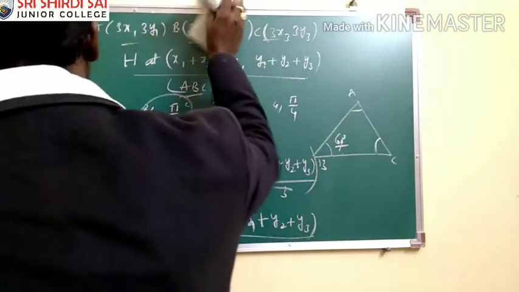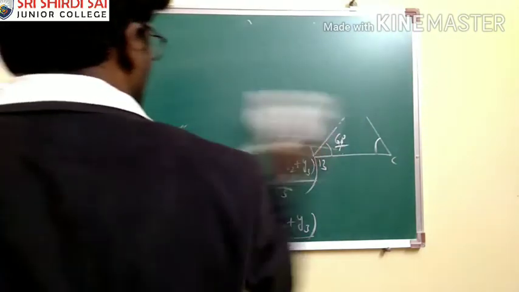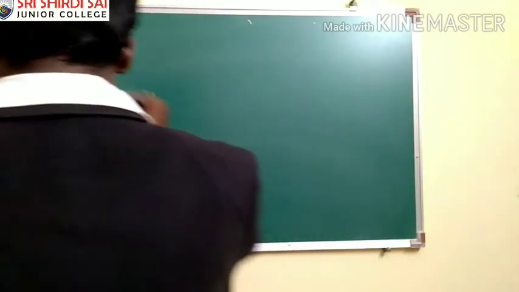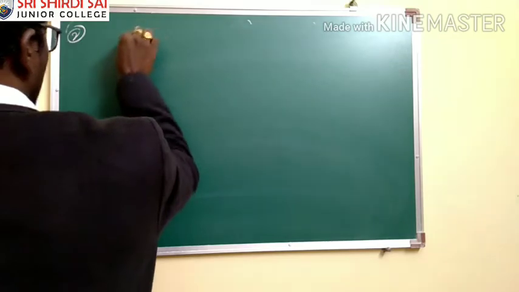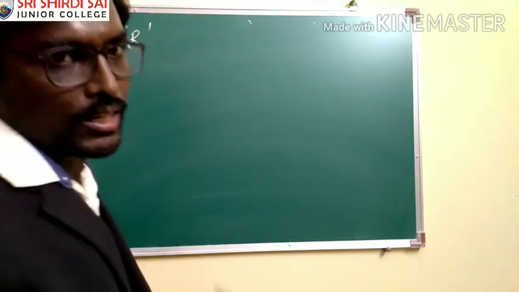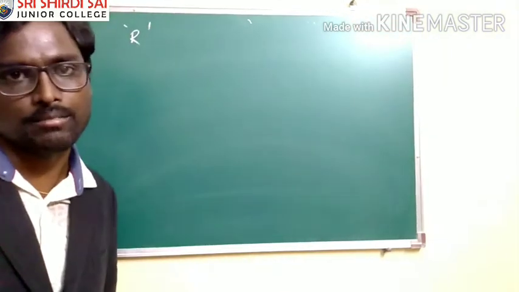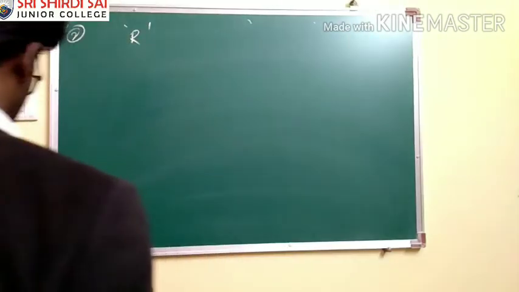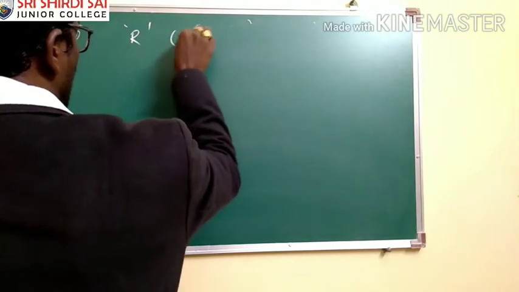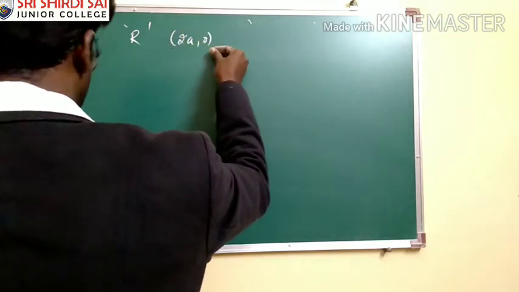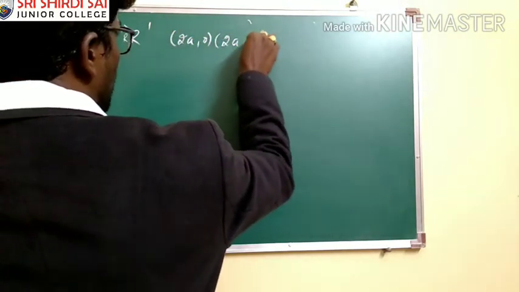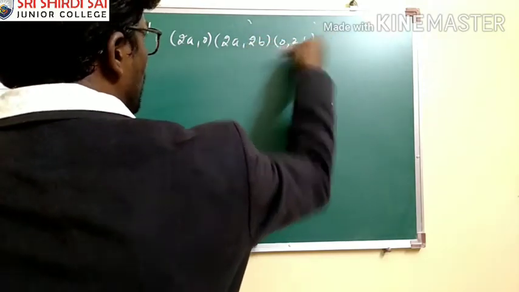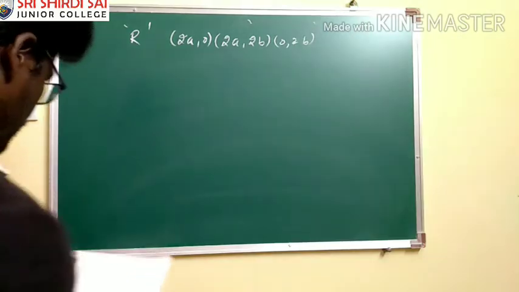Circumradius of the triangle, circumradius in the sense capital R. We have already discussed it in the theoretical part. What is circumradius? We denote it by capital R. With vertices (2a, 0), (2a, 2b) and (0, 2b).